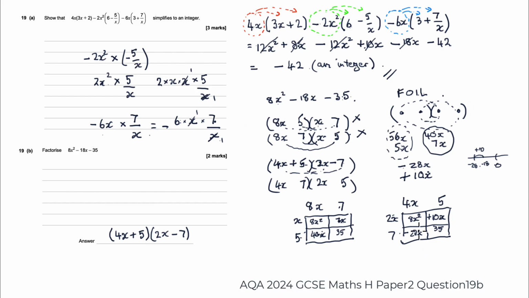How do I make this negative? I put negative there. Negative 7 times 4x is negative 28x, and negative 7 times 5 gives us a negative 35 there, and everything's hunky-dory. That gives us the 4x plus 5, that's positive, we haven't altered that with a negative, times 2x minus 7.